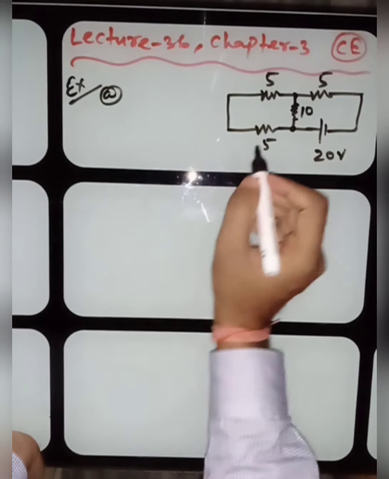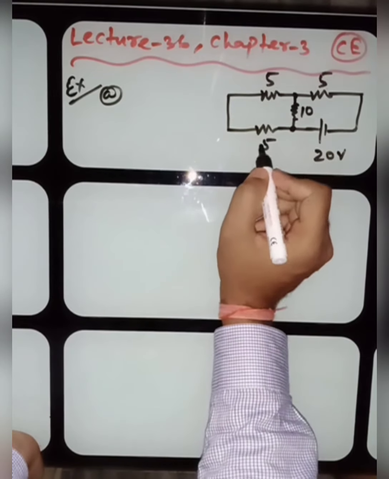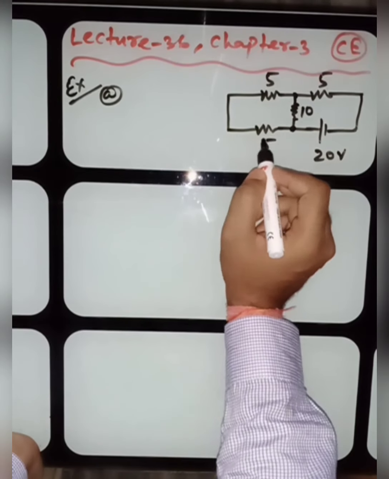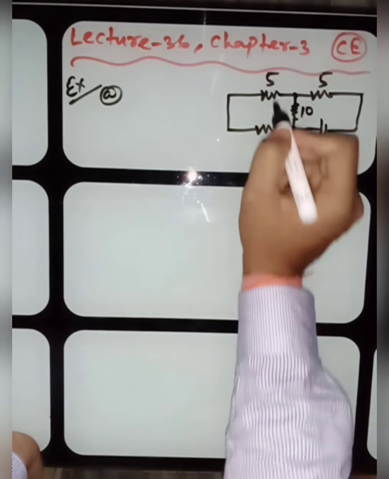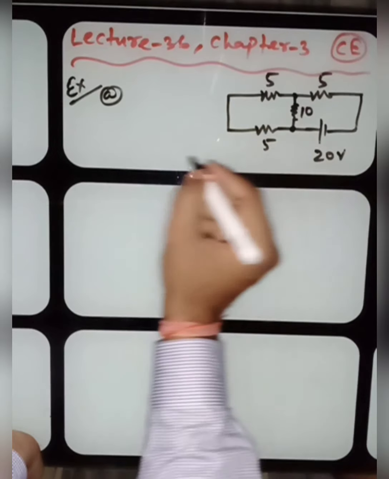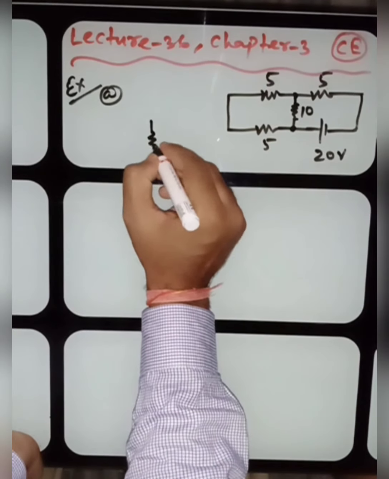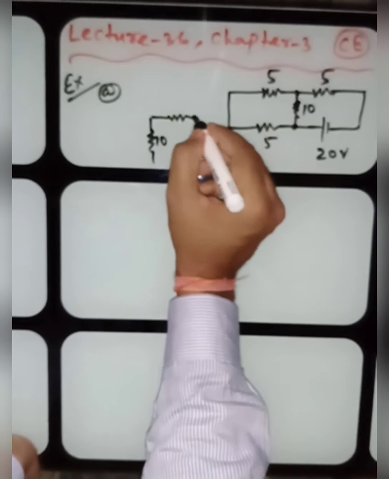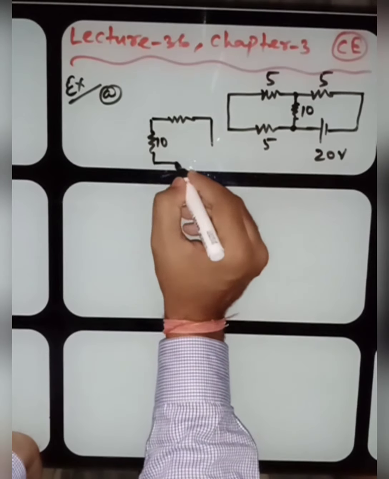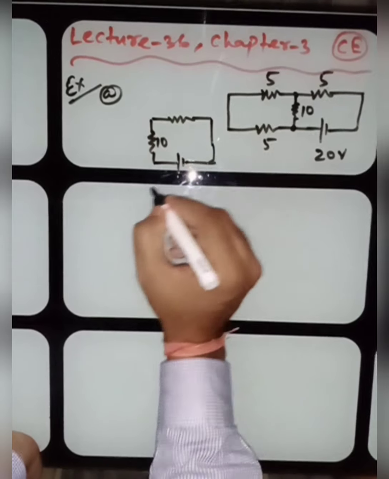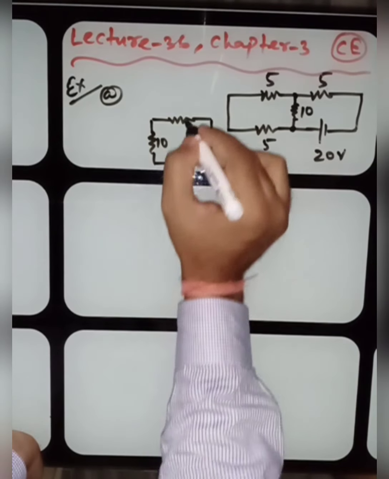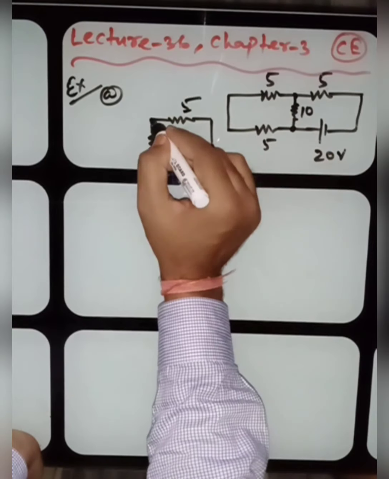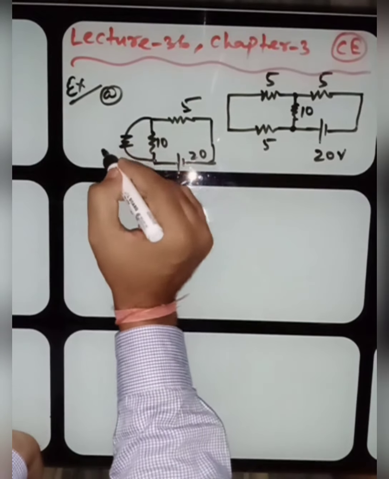So these two are connected in series. What will be the resistance? The equivalent resistance will be 5 plus 5, it is 10 ohm, and the circuit looks like this one. At the 5 ohm, connect the battery, that is the cell, 20 volt, here the 5 ohm, and this is the 10 ohm, and these two become the resistor of 10 ohm.